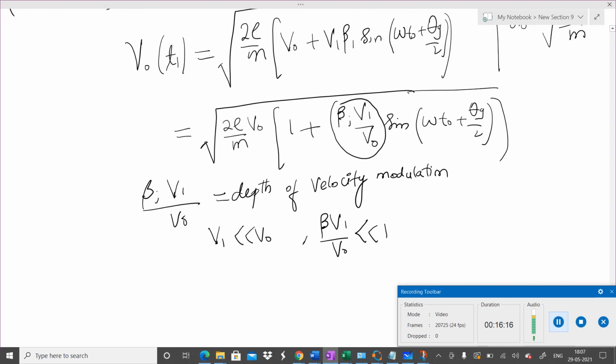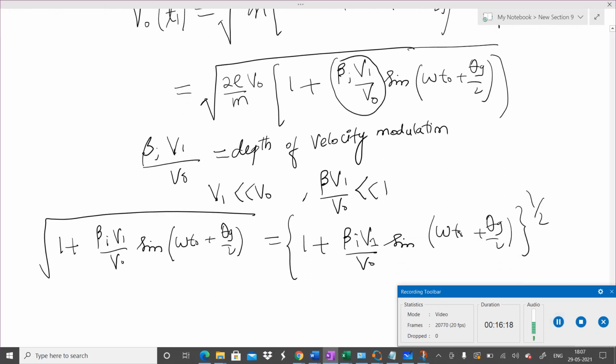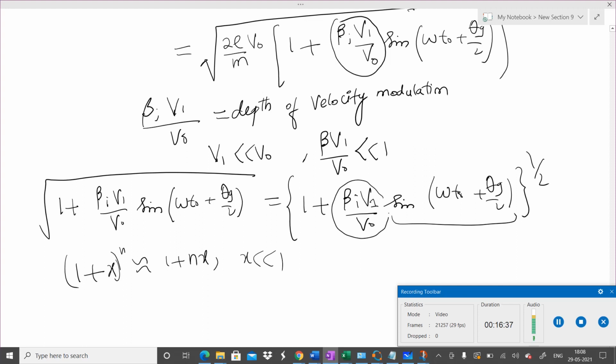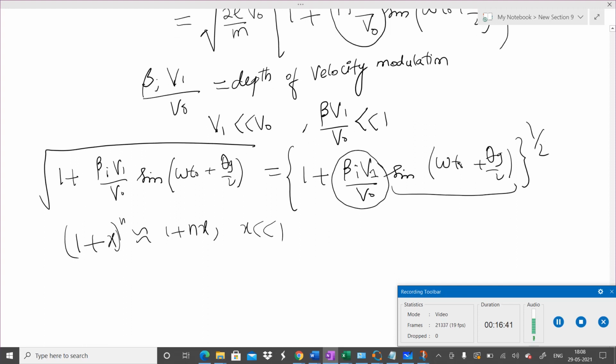So we can invoke the binomial approximation that 1 plus x to the power n is approximately equal to 1 plus nx when x is much less than 1. Here sine is always between -1 and 1. So the main dominating thing will be beta I v1 by v naught, which is much less than 1 as assumed. So this will be approximately equal to 1 plus beta I v1 divided by 2 v naught.